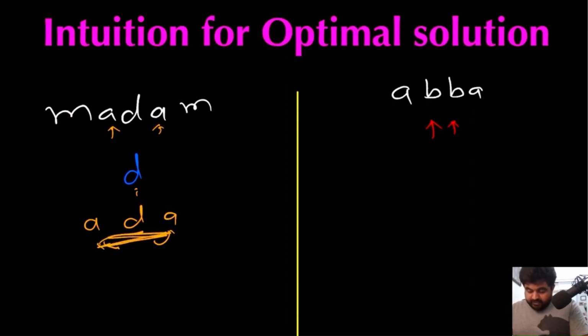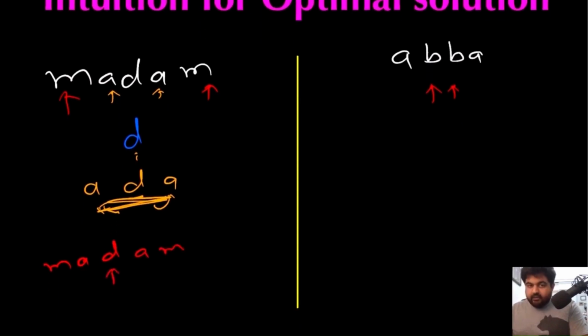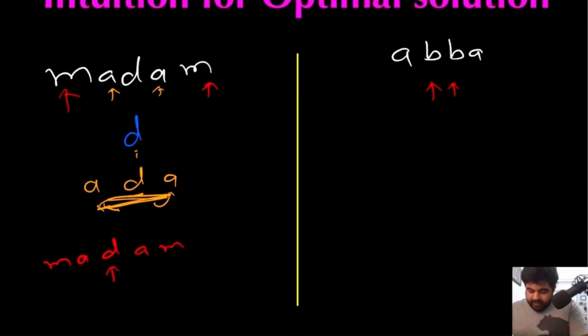Now if we repeat the same process and add this M and M, again because they are the same and we are adding at the corners, we get a value that looks like this. This D originally was a palindrome. After adding this AA, it remained a palindrome because both characters had the same value.